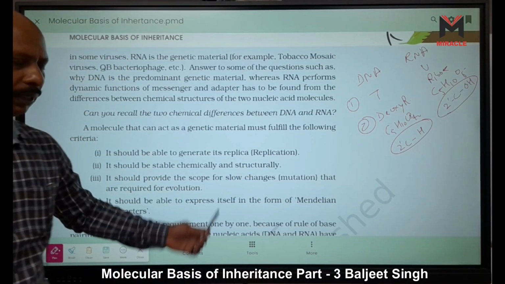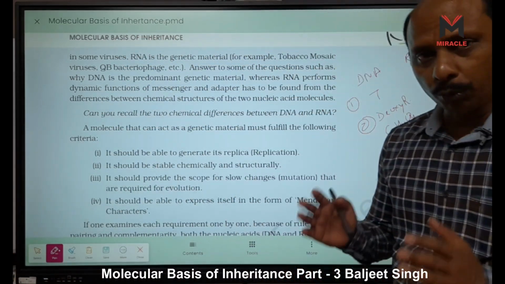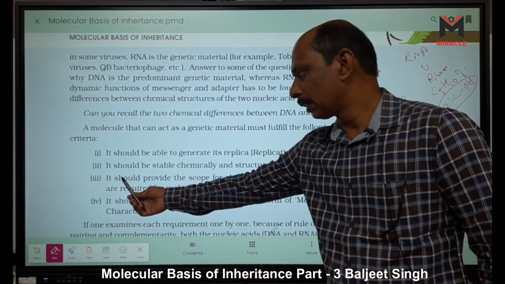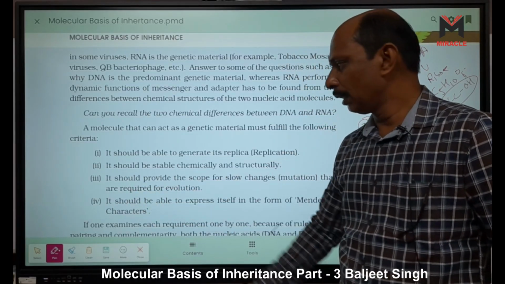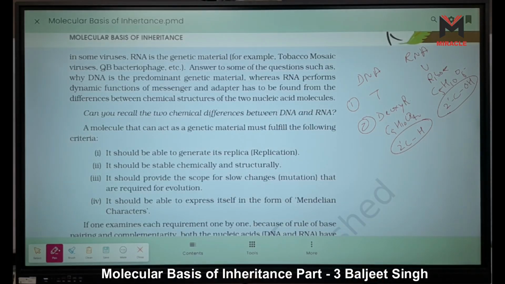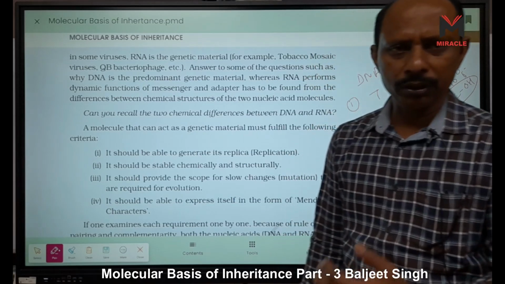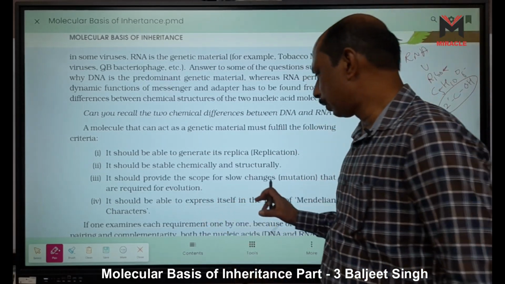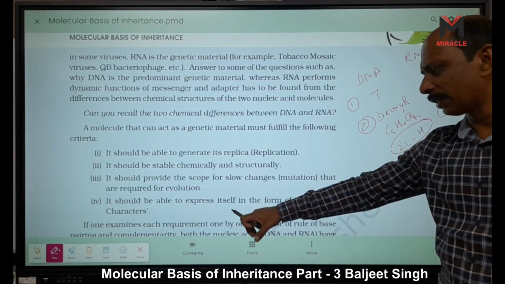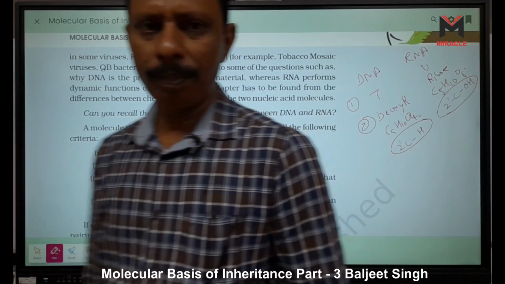Second, it should be stable chemically and structurally, stable enough to store the genetic information. That is called stability. Third, it should provide the scope for slow change, that is mutation, which is required for evolution, because we know evolution is a continuous process. Fourth, it should be able to express itself in the form of Mendelian characters, that is called expression, right?